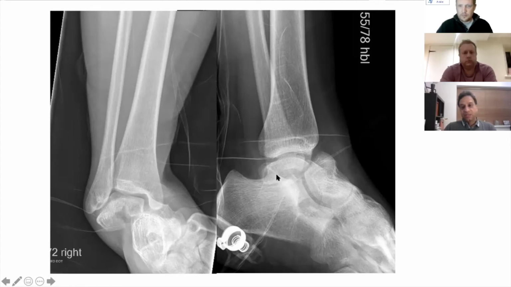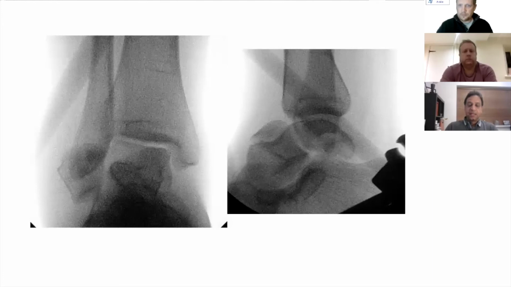Here you don't have the telltale sign that Mark was talking about earlier on, and looking at it is quite tricky. I was thinking where to go from, and in fact, the colleague who was on call tried to put an external fixator on, and try and reduce it with ligamentotaxis indirectly. Which unfortunately wasn't successful.